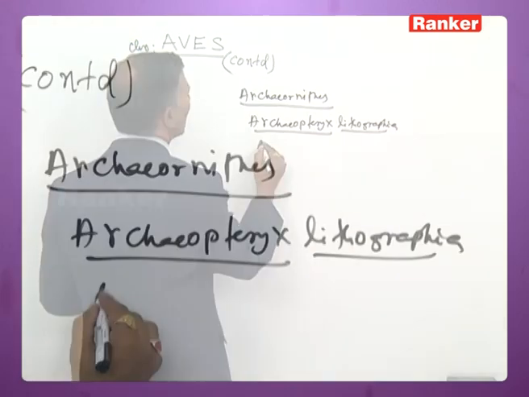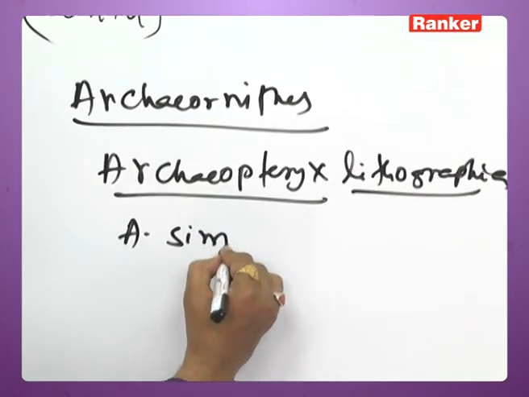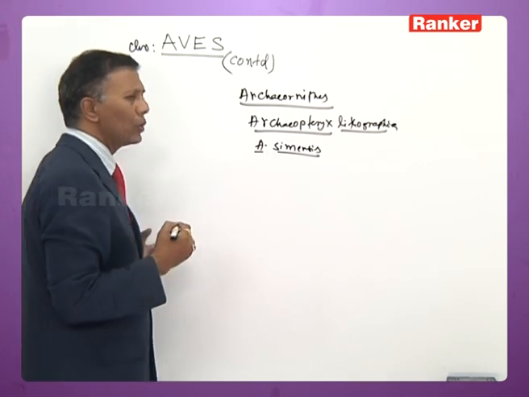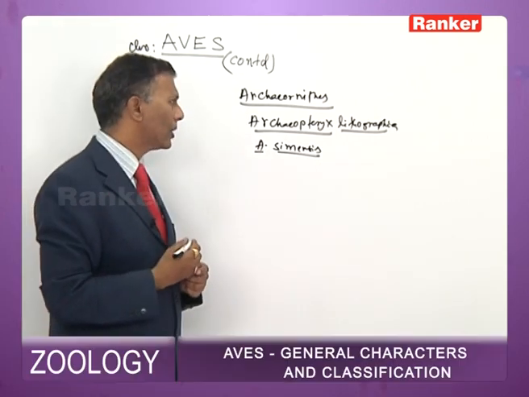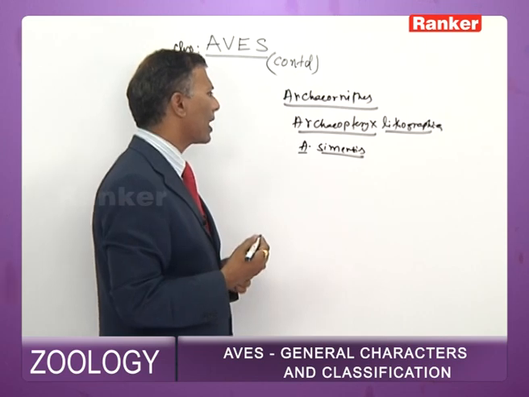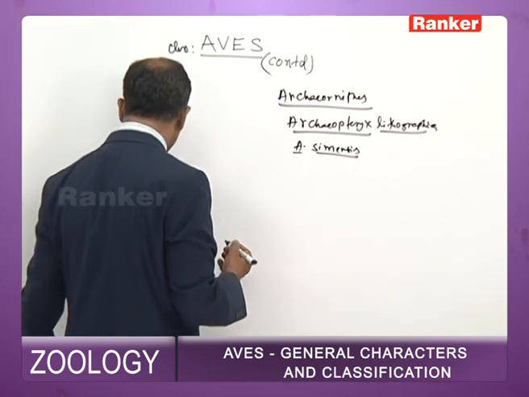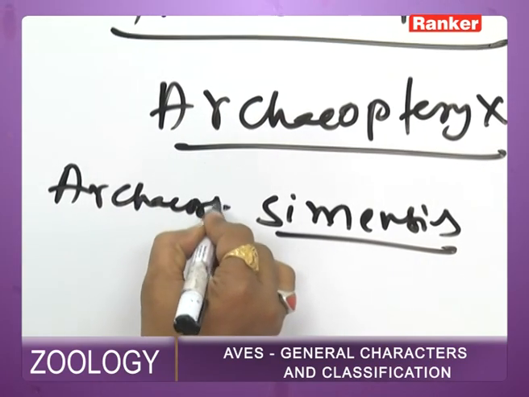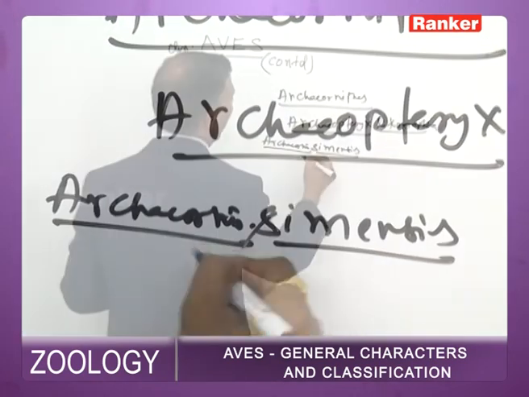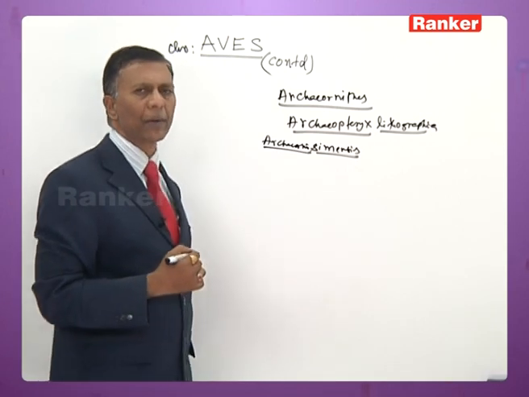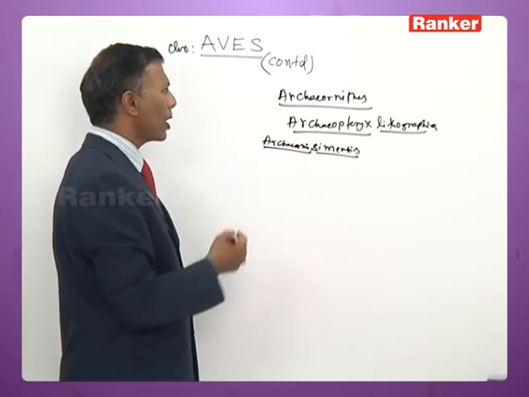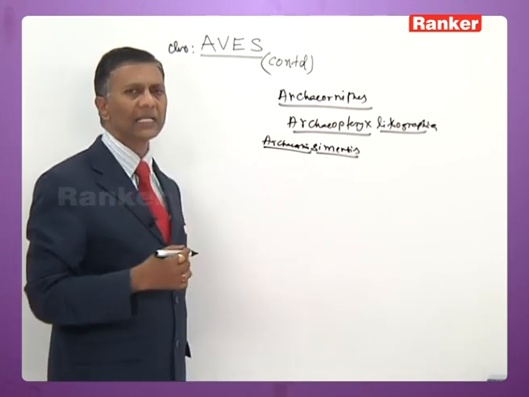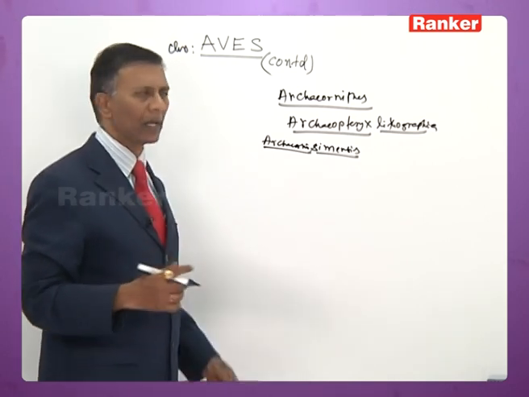There is another one, Archaeopteryx sinensis. There are only two species under this: Archaeopteryx lithographia and Archaeornis sinensis. Archaeopteryx lithographia is preserved in London Museum, whereas Archaeornis sinensis is preserved in Berlin Museum.